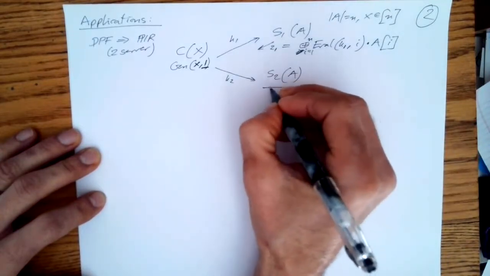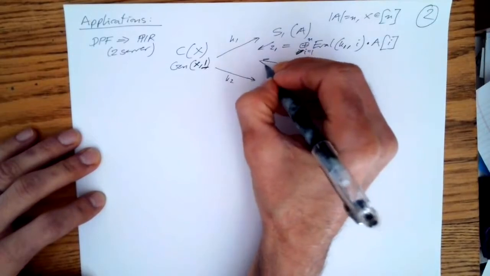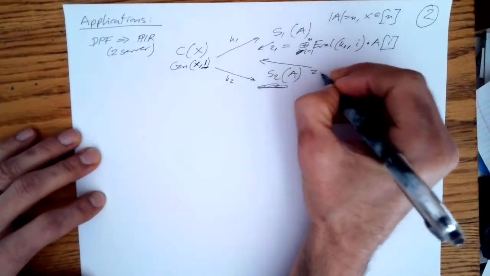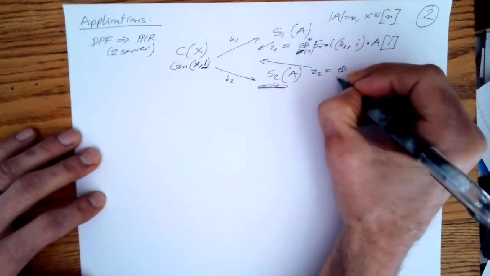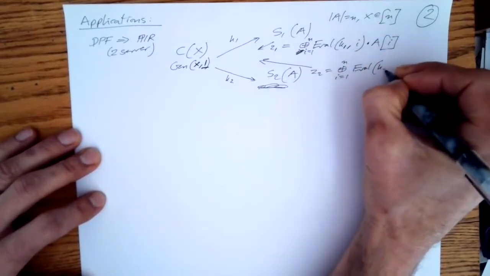And S2 will send Z2 computed in the same way, but using key K2.